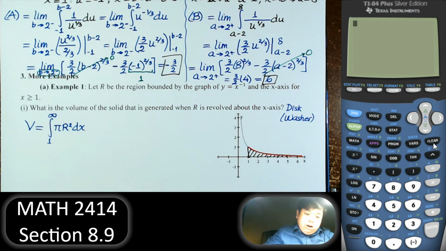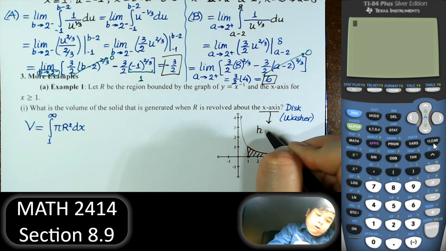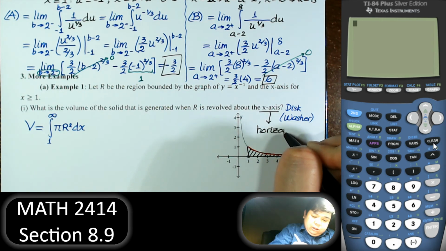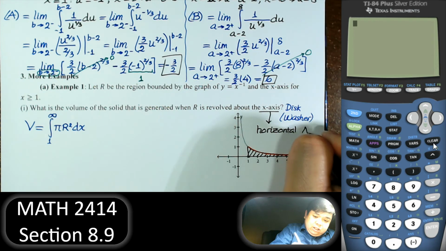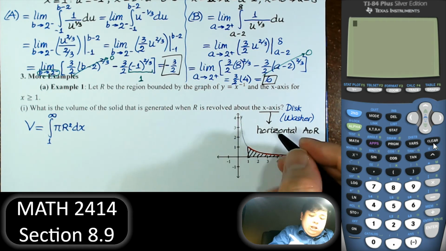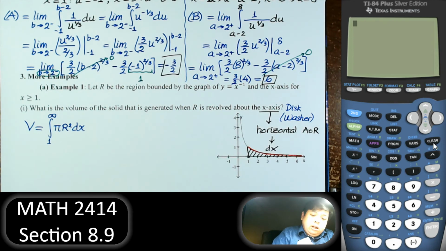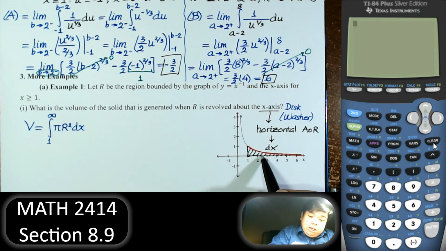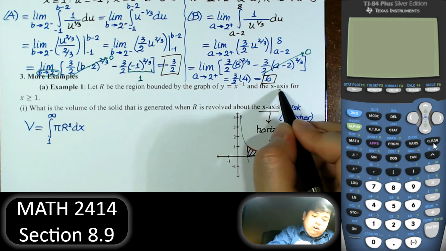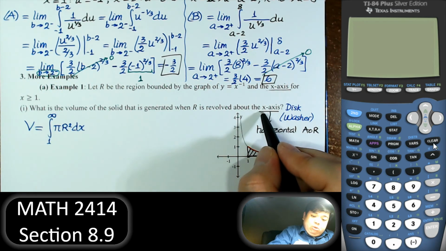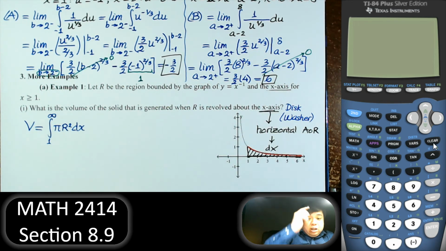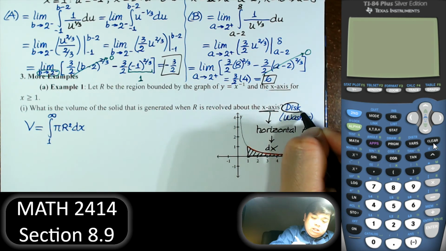Also, because the axis of rotation is the edge of the region, bounded by that function and the x-axis, it rotates about the x-axis. If it is the same axis of rotation as the edge of the region, that's going to be the disk method.